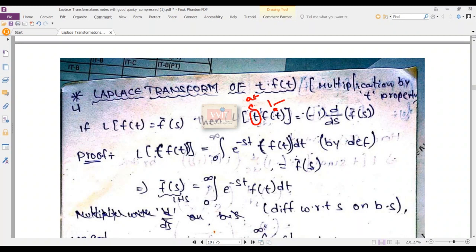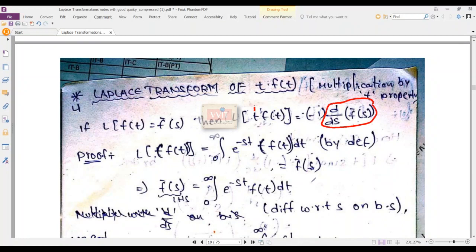Whenever multiplied with t, this is equals to minus 1 times d by ds of f of s. Means whatever the power of the t, that many times I need to differentiate f of s, and minus 1 whole power, that much should be.